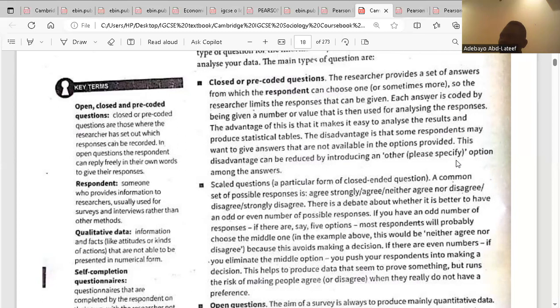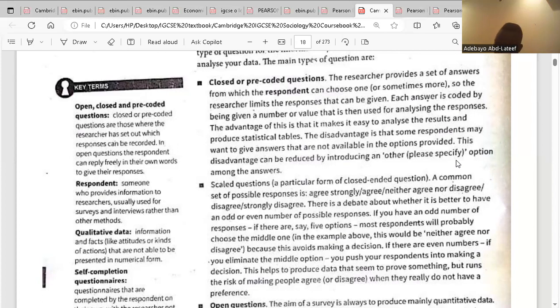I strongly agree, I strongly disagree, I disagree, they are not the same. Strongly disagree means you disagreed so much. These are what we call scaled questions. They are closed questions too, but they have weight in terms of their response. Do you get it?